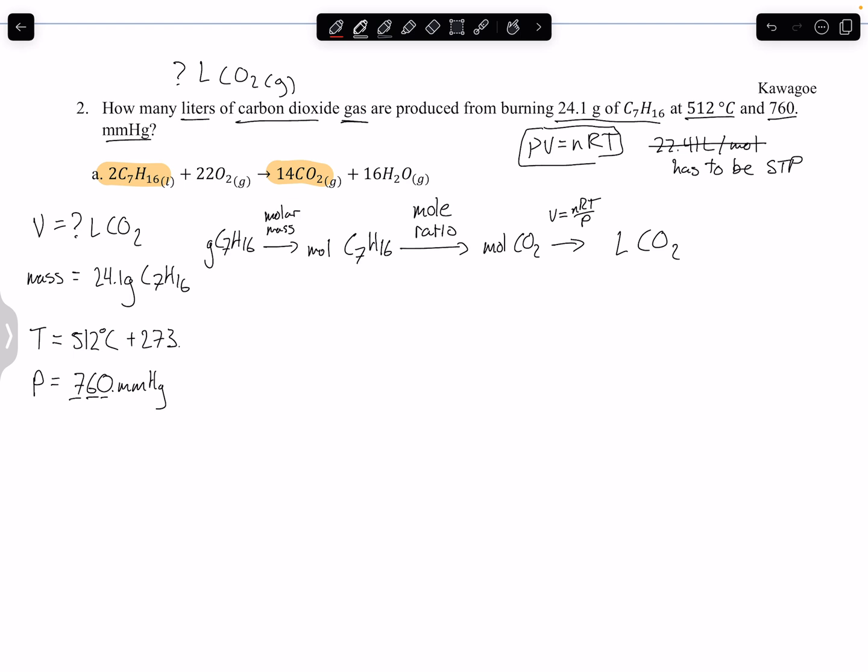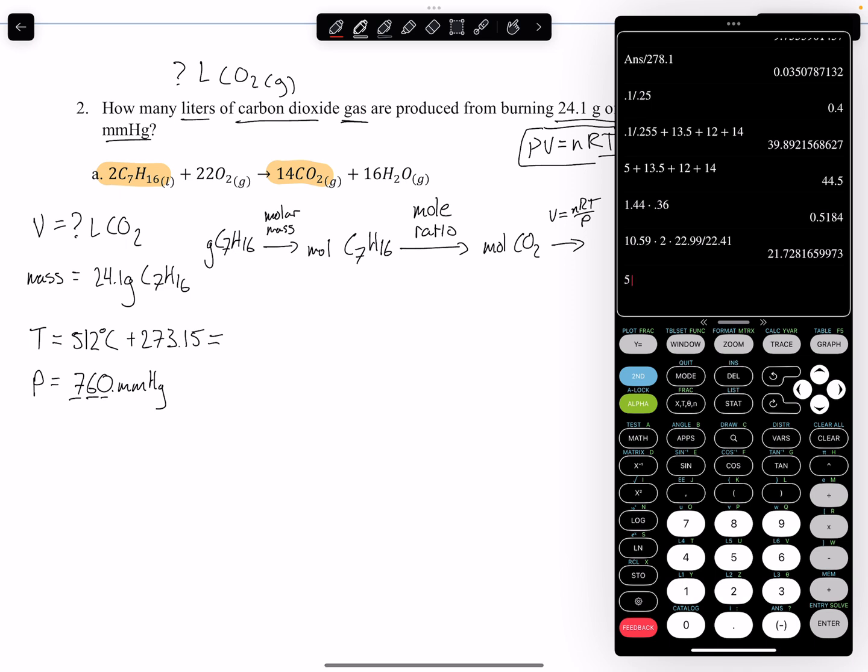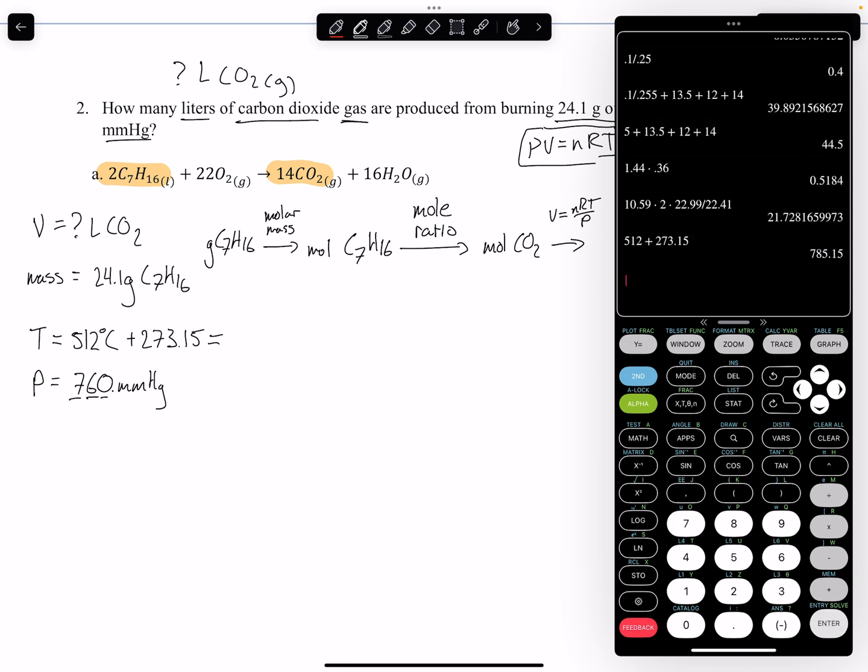That needs to be added to 273.15 Kelvin, because we need that temperature in Kelvin, so 512 plus 273.15. So that's 785.15 Kelvin.